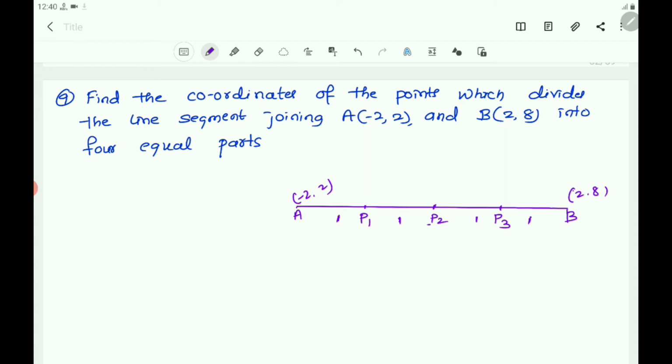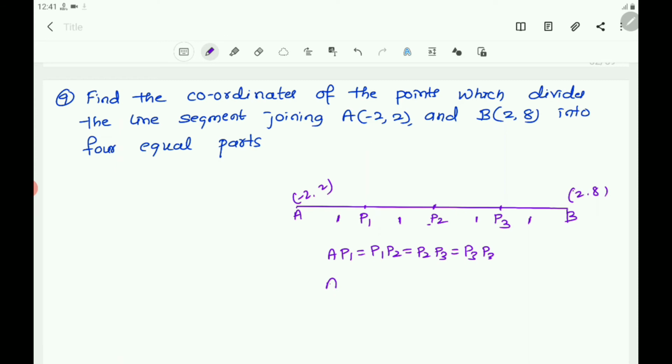Now P1, P2, P3 are the 3 points on the line AB such that AP1 equals P1P2 equals P2P3 equals P3B.